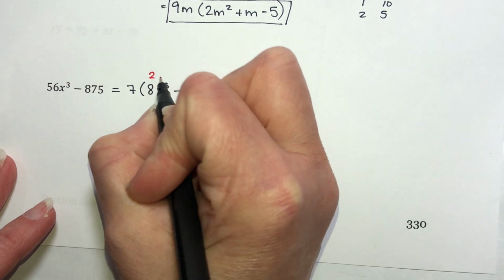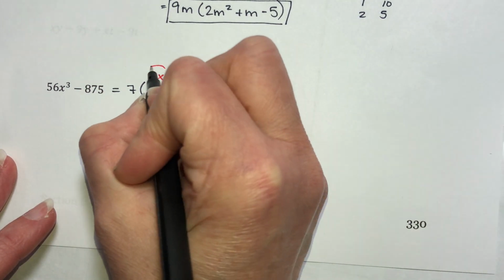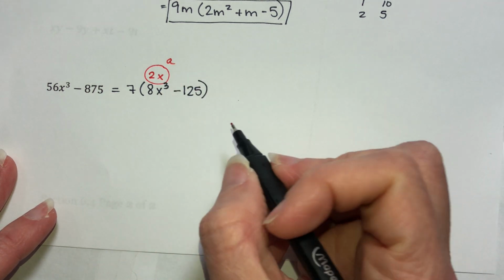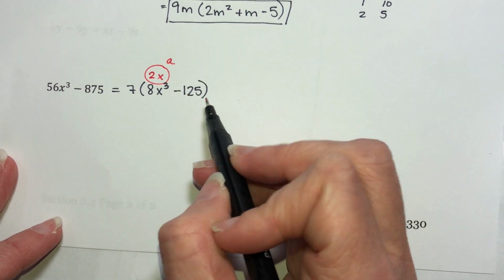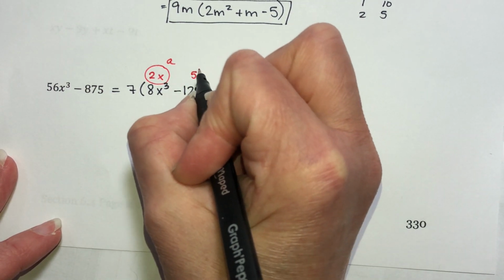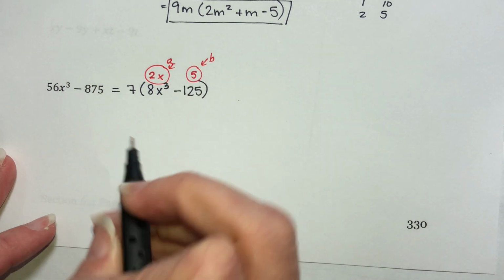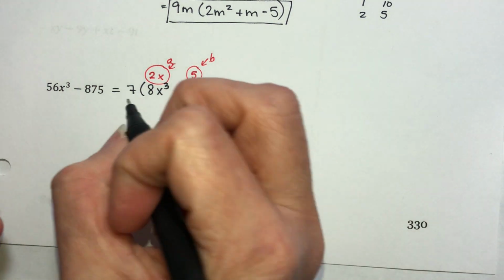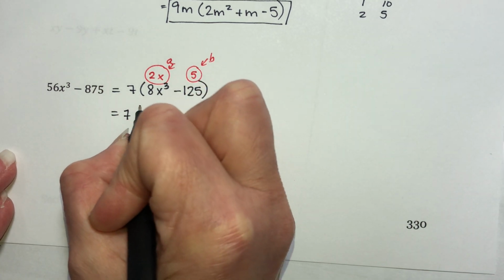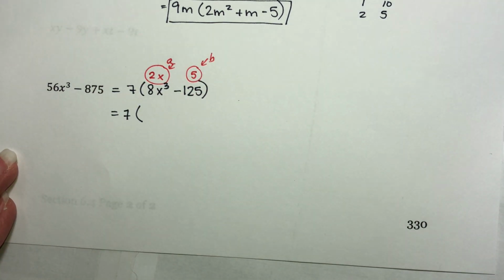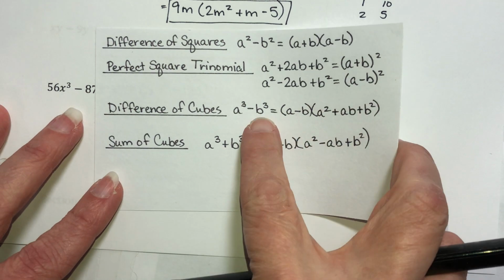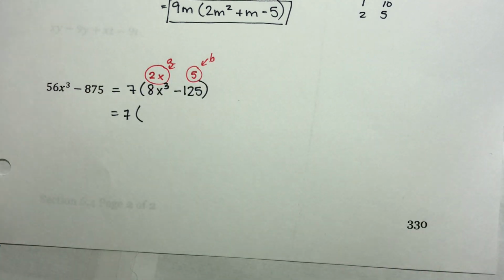So the cube root of this whole thing would be 2x, and this whole thing is going to be my a. The cube root of 125 is a 5. So 5 is going to be my b. And then I still have the 7. We cannot lose it. So bring down the 7 times. The formula for a difference of cubes is a minus b.